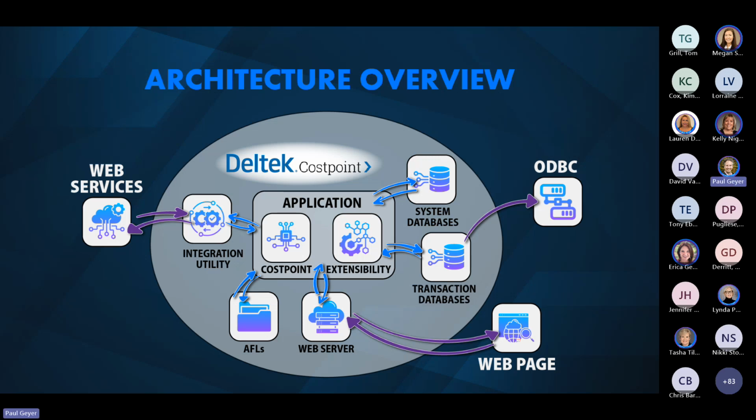They may be what we call comma separated, where each line is a single row, each column is divided by a comma, or they may be fixed length, where we say each column is so many characters. But the extensibility can read those files, process them, and put that data into our transaction databases. This is the same process that native Costpoint preprocessors use for importing files. And this can be very effective for loading large amounts of data at one time.